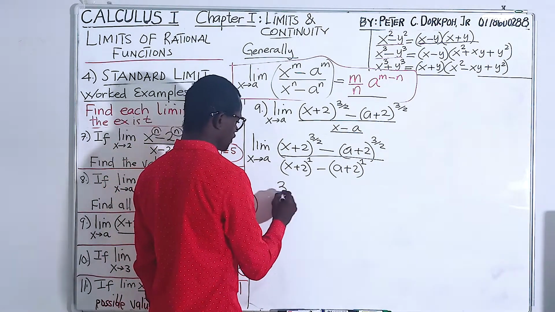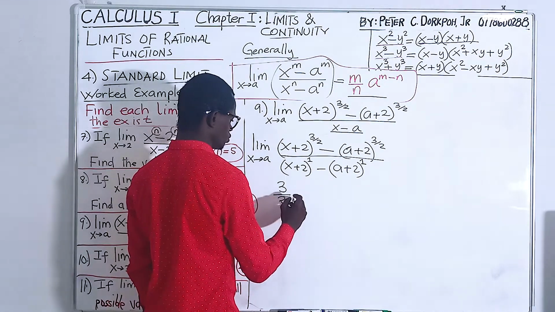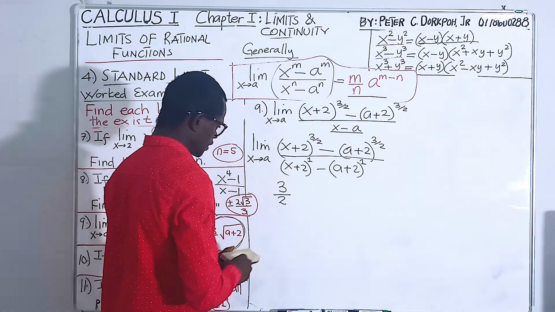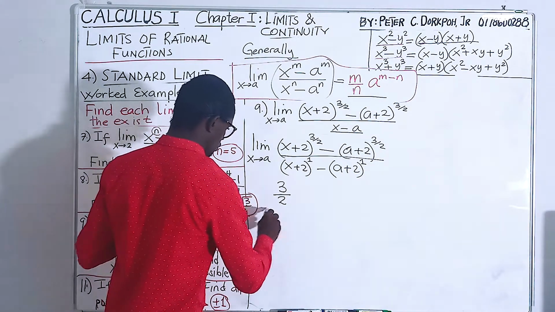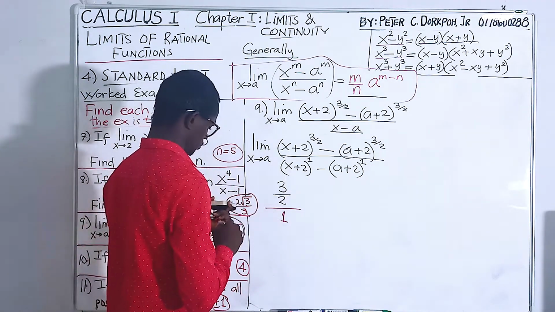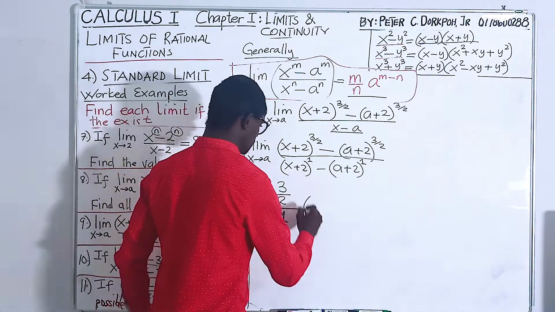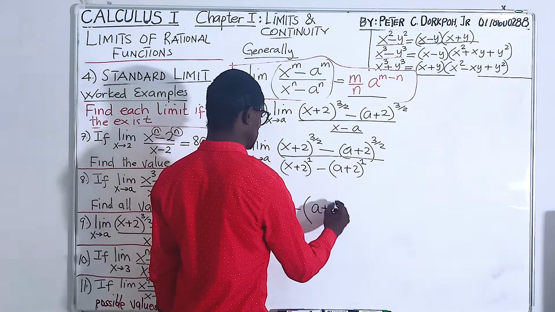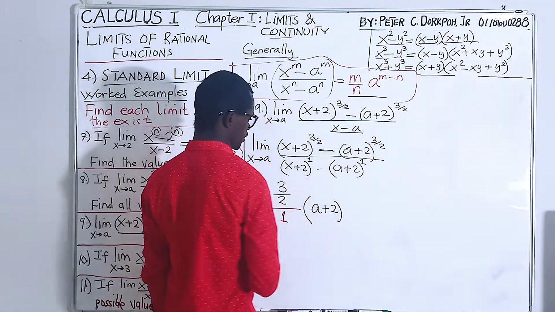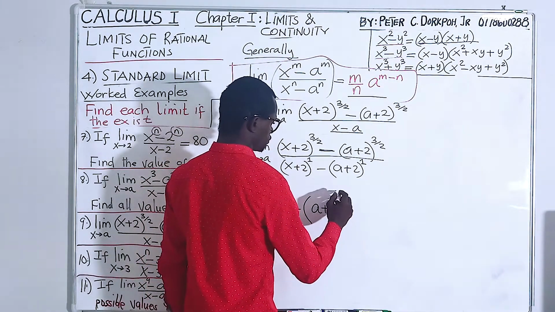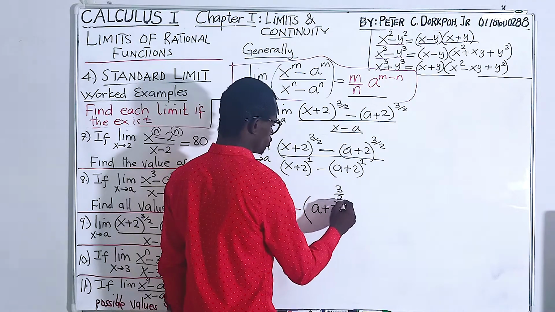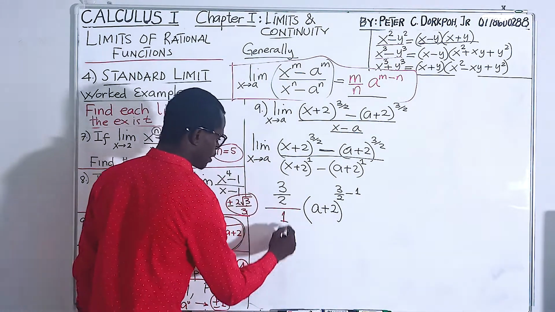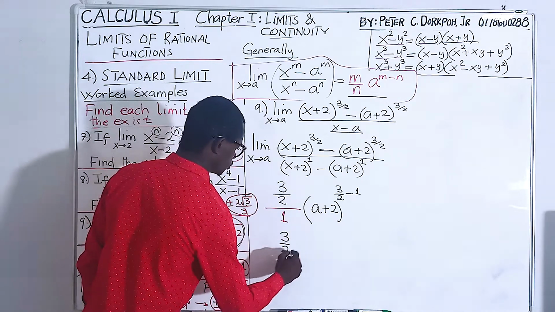So we see the power of the numerator, 3 over 2, divided by the power of the denominator, which is just 1, times a plus 2, the term that has the negative attached to it, raised to the power 3 over 2 minus 1. So this 3 over 2 divided by 1 is the same as 3 over 2.